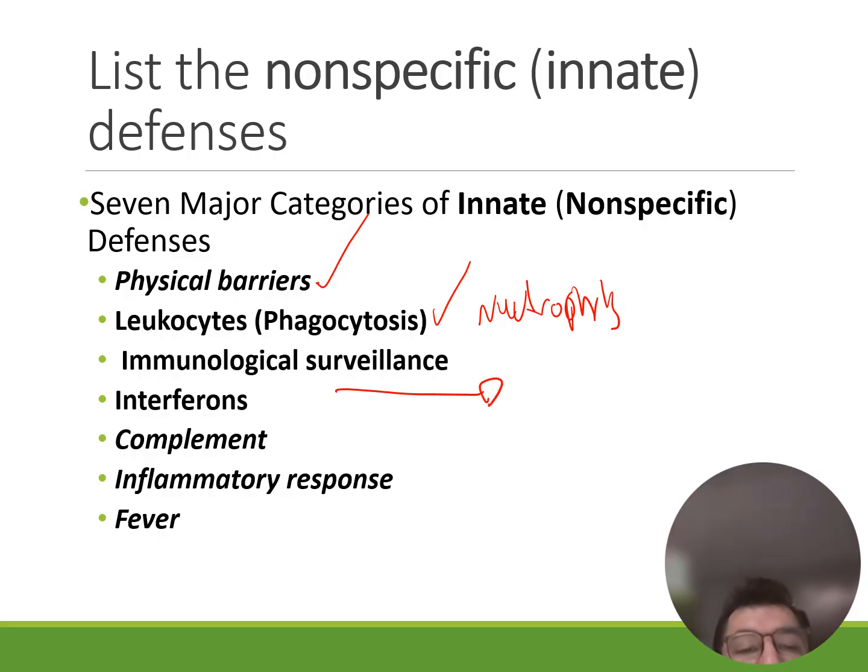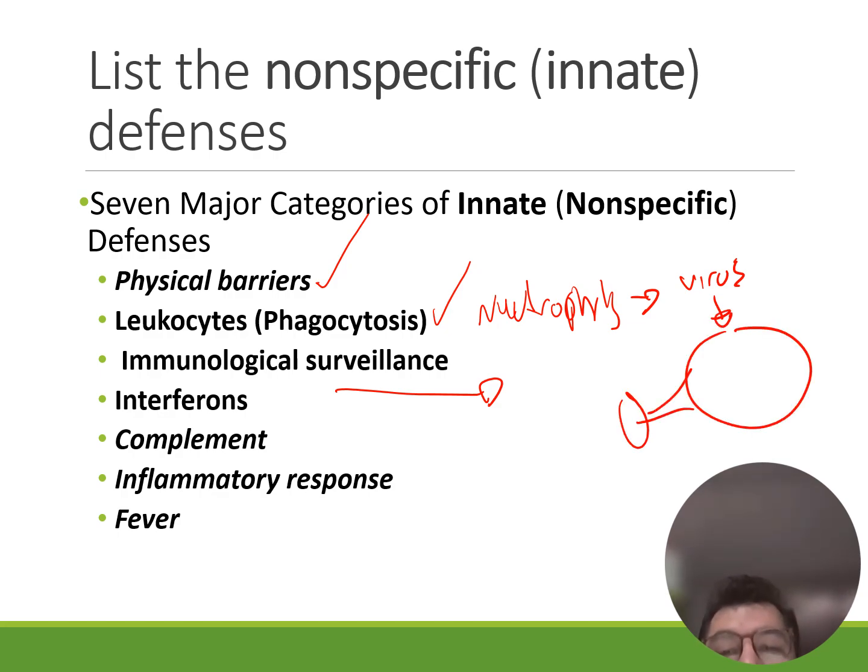Interferons are molecules that are secreted by neutrophils when neutrophils are being infected by a virus. So when a virus infects a neutrophil, the virus inserts itself, brings its DNA and genetic material into that neutrophil, and it will try to hijack the machinery from that neutrophil to divide itself.